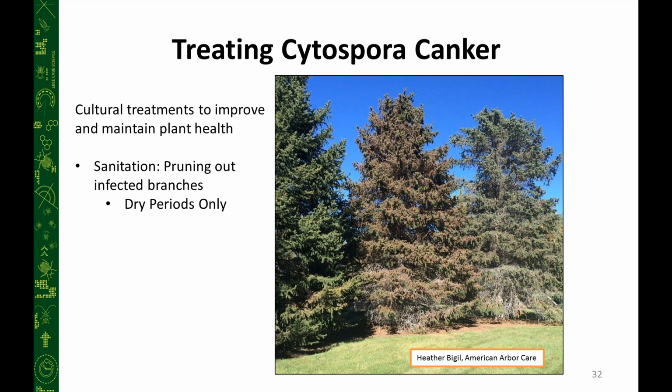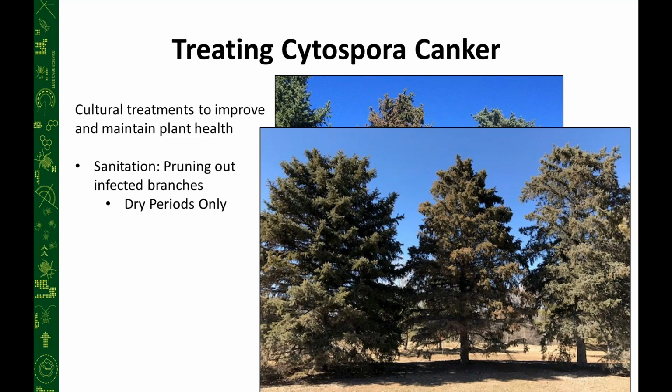So we need to identify where that Cytospora canker is and then prune it out. You see a picture of a tree like this and think, oh man, this tree is going to look naked if I prune all this out. It can actually improve the aesthetic of the tree too, to take out that dead wood that has been created by Cytospora canker.